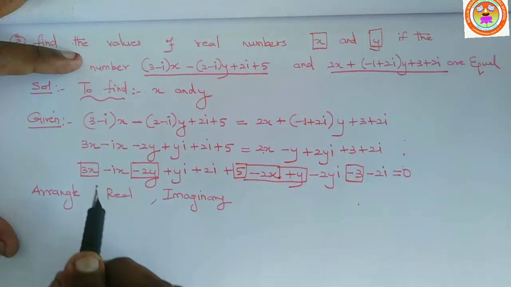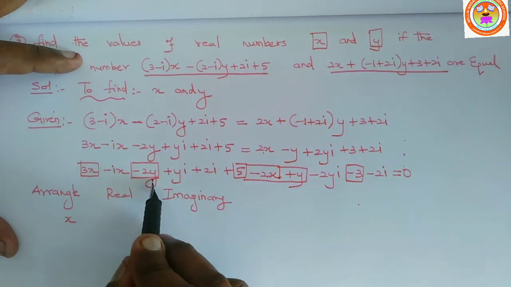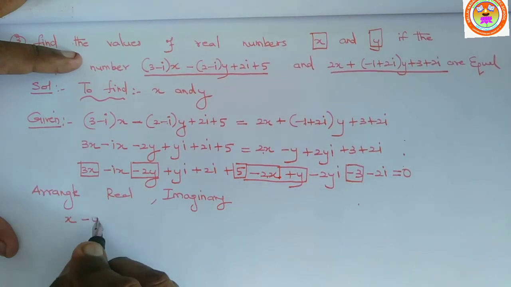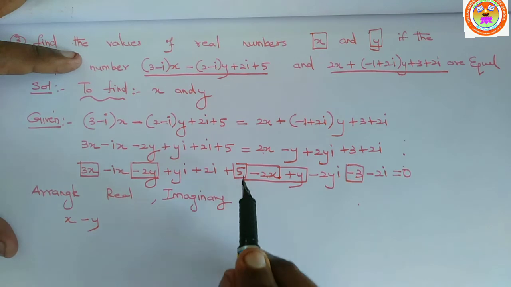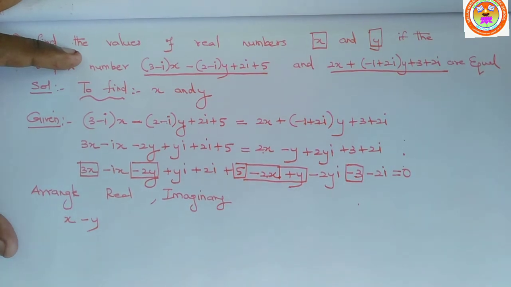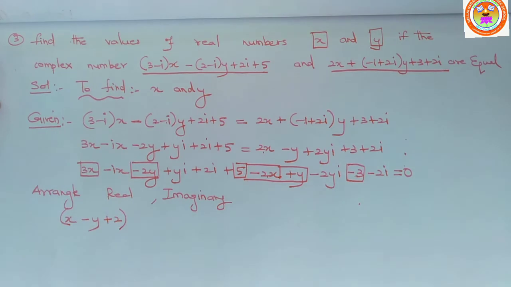Before arranging, I can write 3x minus 2x, which gives us x; minus 2y plus y, which gives us minus y; 5 minus 3, which gives us 2. So x minus y plus 2. This is real.